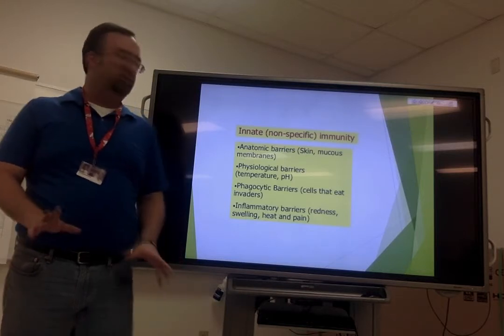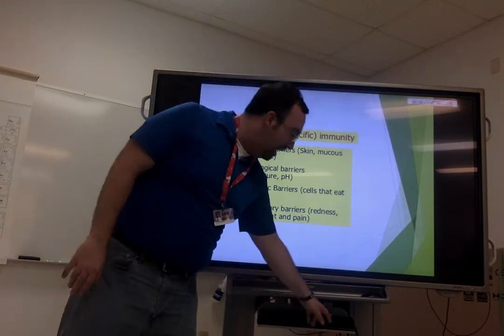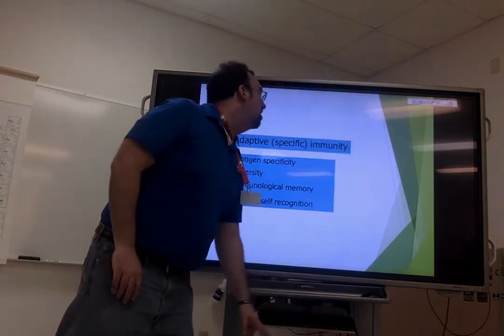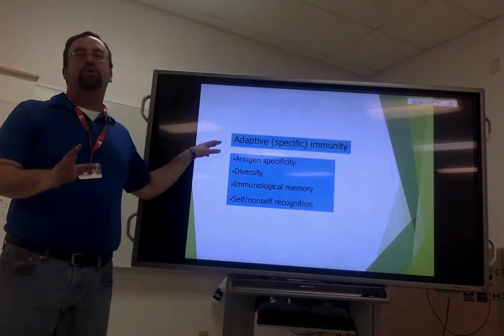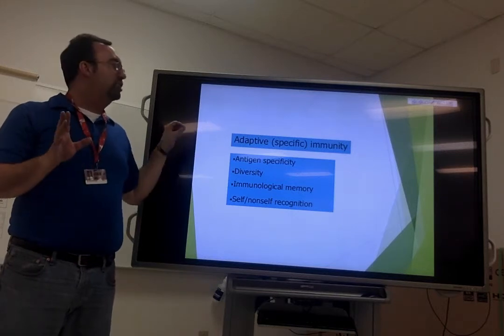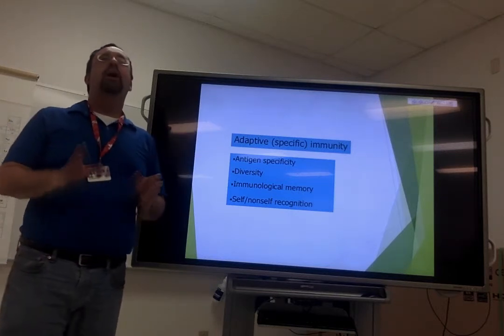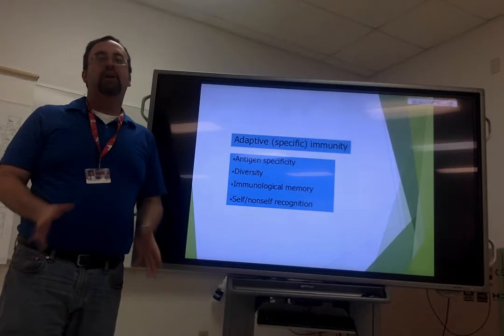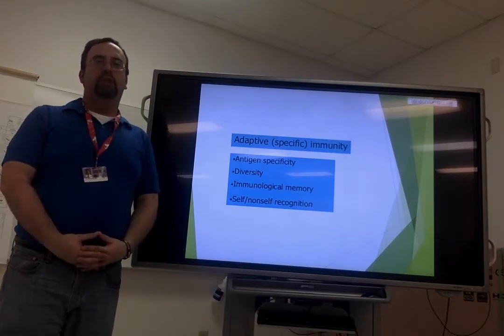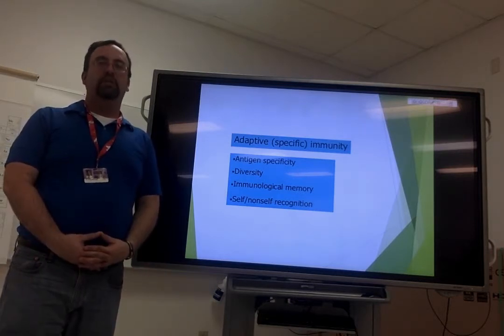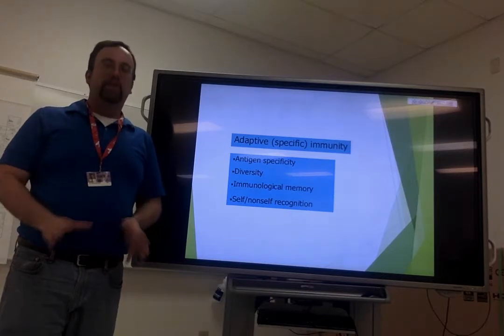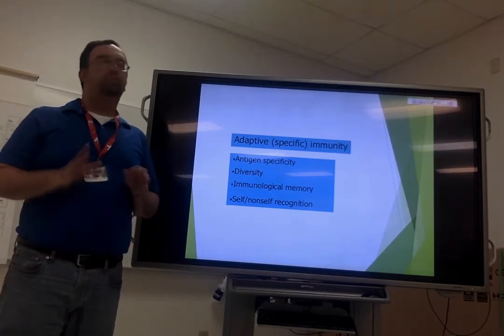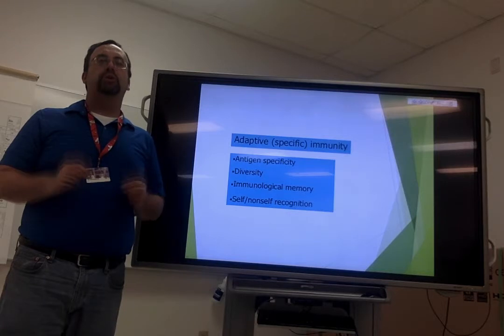these foreign invaders. In addition to innate immunity, we also have what's referred to as adaptive or specific immunity. As I'm making this video, we're dealing with the coronavirus, and with bacteria and other viruses, you want to make sure that you can build up a certain immunity.